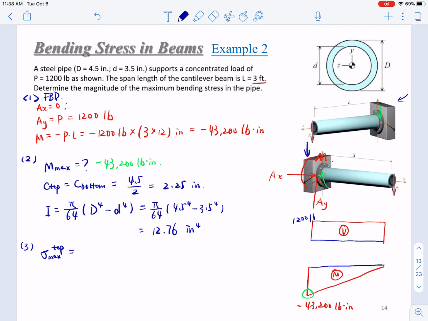That will be the maximum bending moment times c top over I. So it will be 43,200 times 2.25 over 12.76. This will be 7,618 psi.